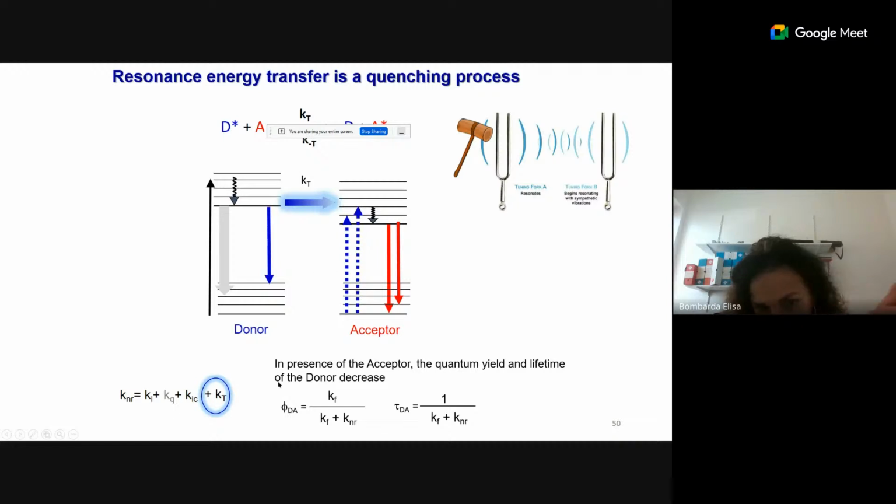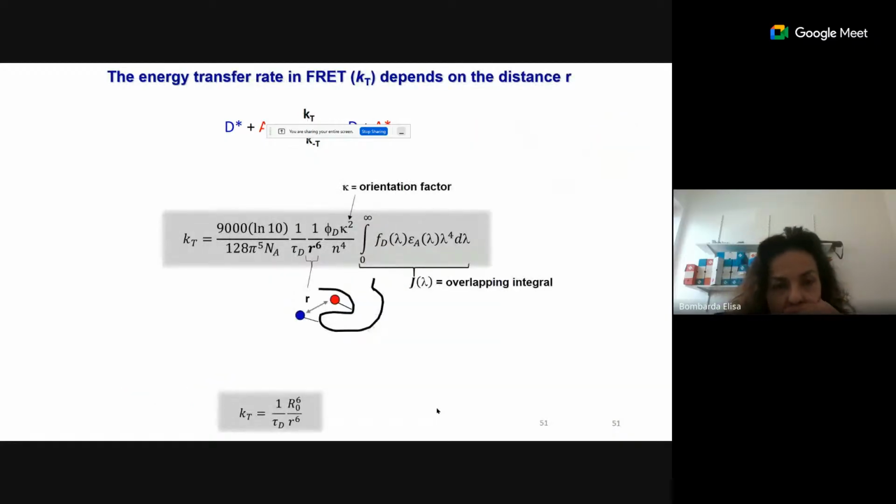Okay, so that's the effect. Since KNR is larger, the quantum yield is reduced and the lifetime is reduced. Okay, so these are all the parameters that play a role in the transfer rate constant.